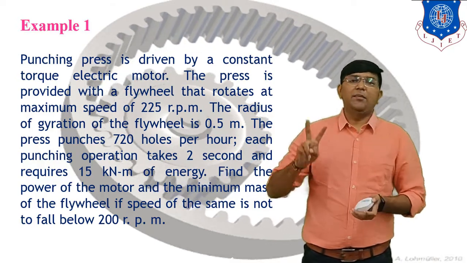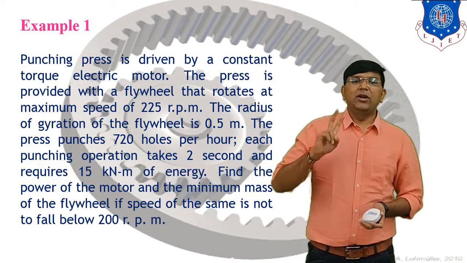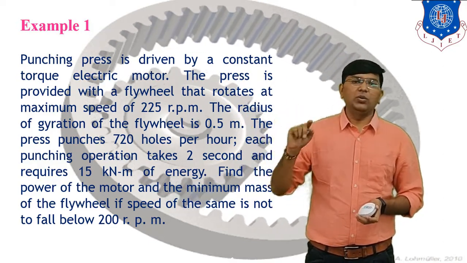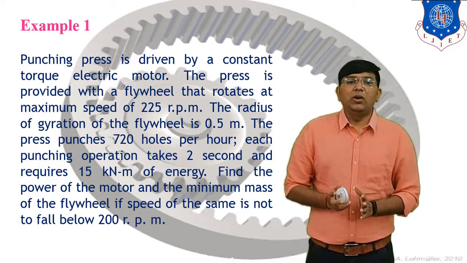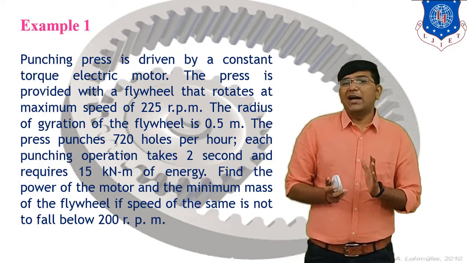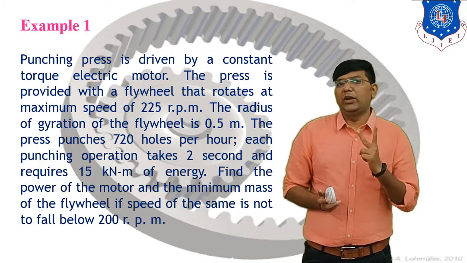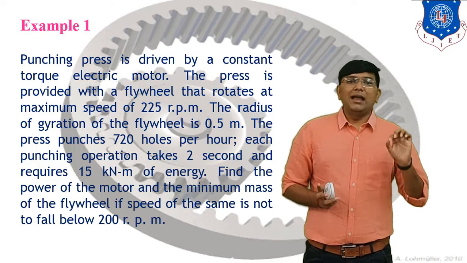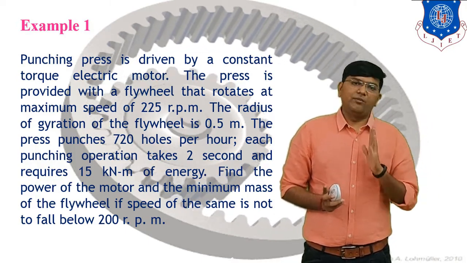So we have two speeds, maximum speed capital N1, 225 rpm, and minimum speed capital N2, 200 rpm. Clear? So in this numerical we have to calculate two values: first power, that is energy supplied per second, and second the value of mass.